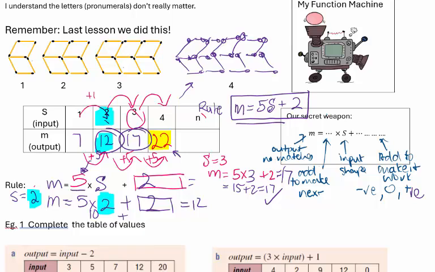Now the last thing I need to do is, what happens if I have 5,000, 10,000, 3? Doesn't matter. I'm basically asking, what if it's any number? And any number we usually represent as n. So what would my rule be? We just do exactly what we did before. 5 times S plus 2.